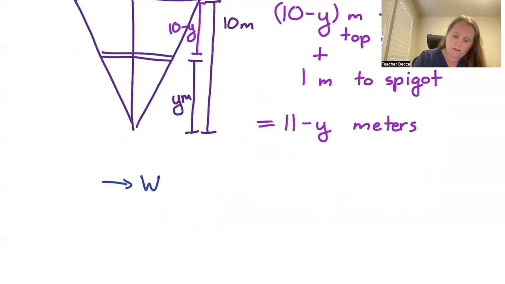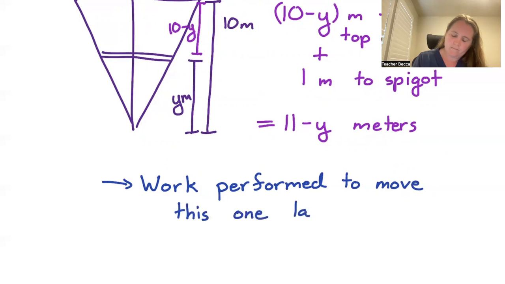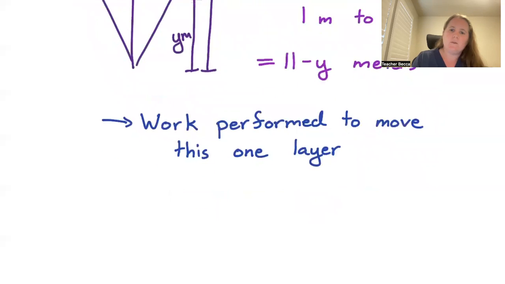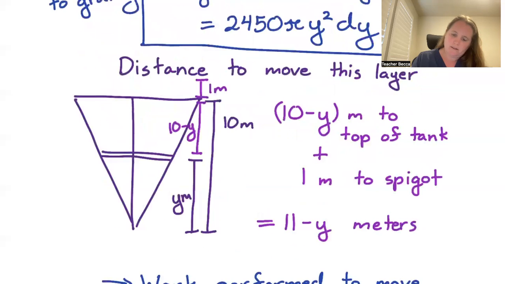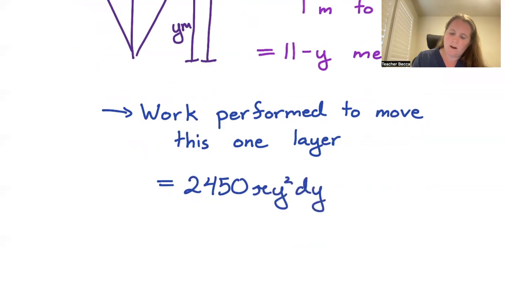So the work performed to move this one layer would be the 2,450 pi y squared times dy.